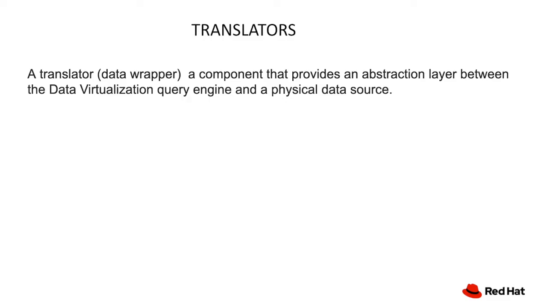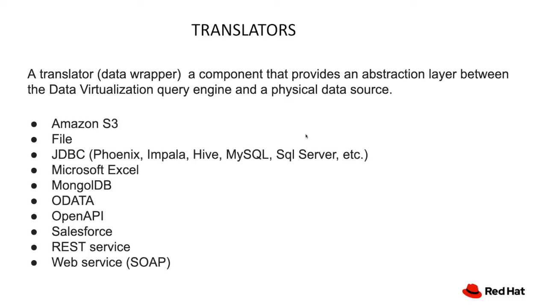For example, when working with a web service translator, the translator converts SQL procedures from the data virtualization layer into HTTP calls, and JSON responses are converted to tabular results for the data virtualization query engine. Here are some of the translators that come with data virtualization. Amazon S3, which allows you to access objects inside the S3 storage.